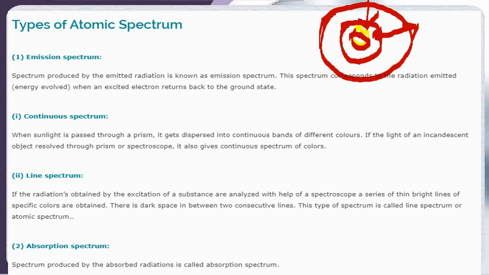Maybe it has absorbed energy, let's say from the visible spectrum, so I can say it has absorbed energy in the range of blue light, or in the range of red light. So when it comes back from the excited state to the ground state, or from the higher energy level to the lower energy level, what will happen?